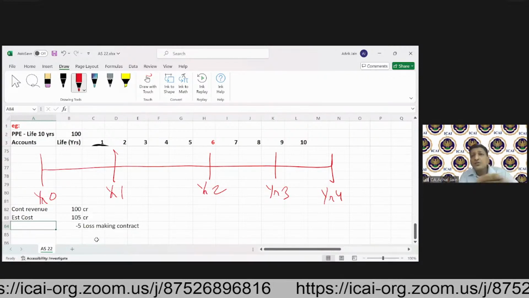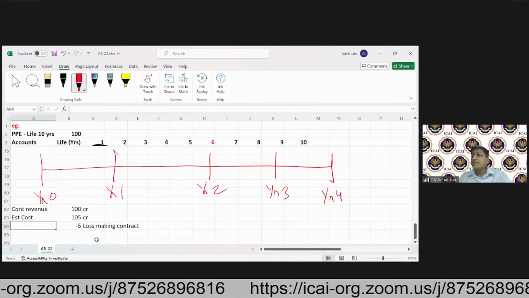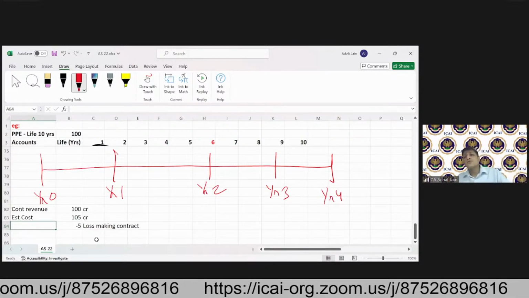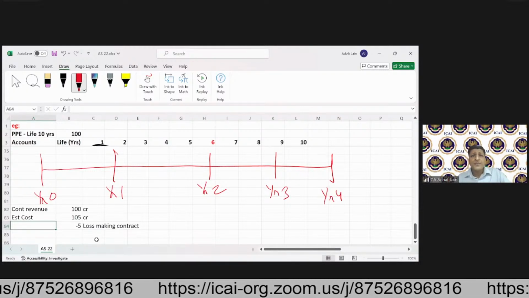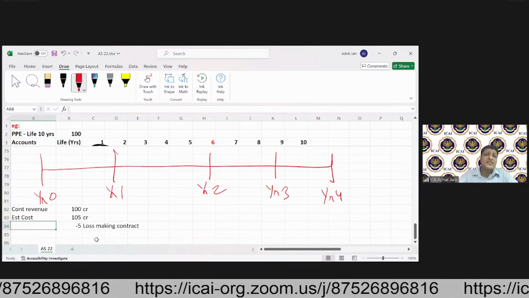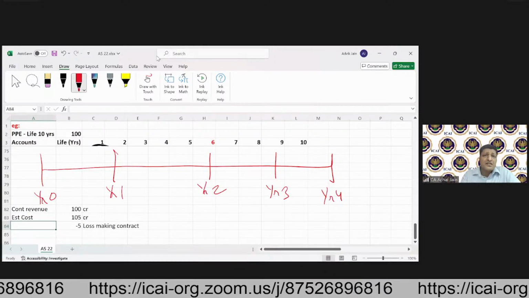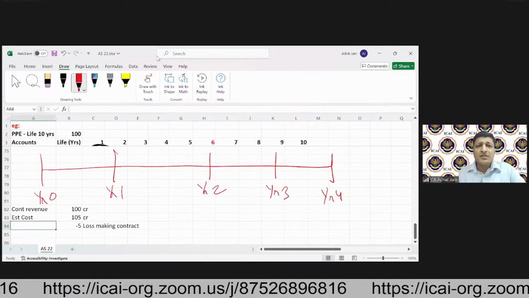This loss will also spread out over a period of 4 years. Yes or no? Tell me, everyone. So in a way, this loss will also get recognized over a period of 4 years. Technically, this is how this will work. Quickly, please confirm.